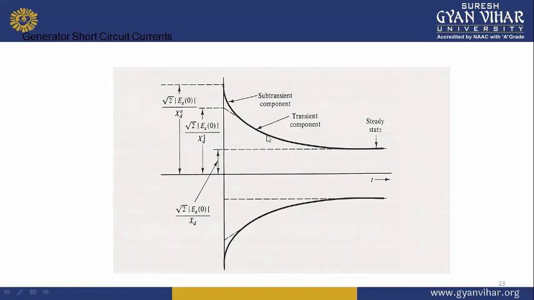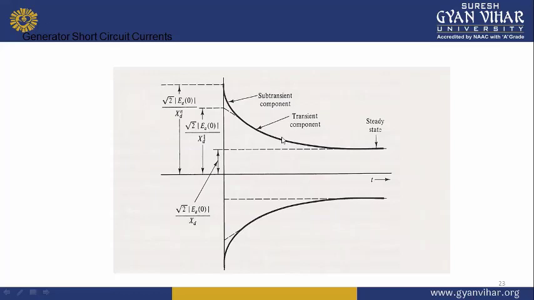Similarly, if I extrapolate the steady state, I will get this delta I dash between the steady state and the transient envelope, which decays in accordance with the field time constant.